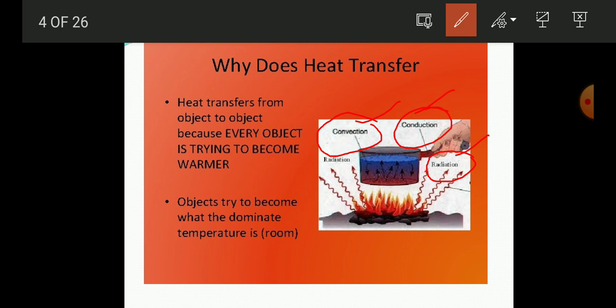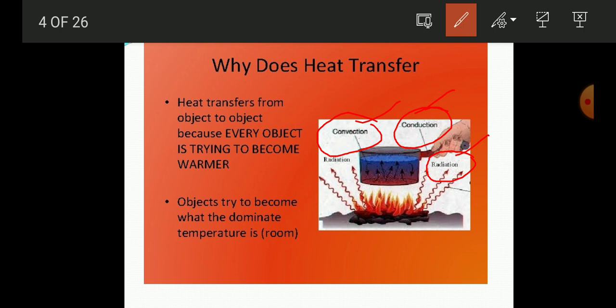Heat transfers from object to object because every object is trying to become warmer. So every object is trying to become warmer, and that is why the heat or the hotness which is present in one body is transferred into another body.